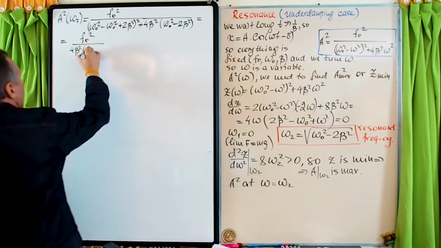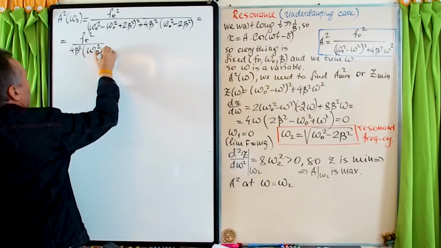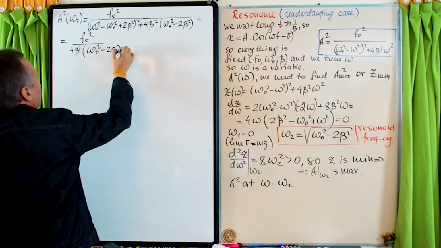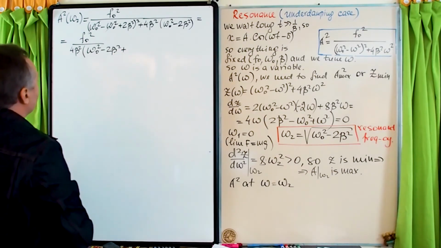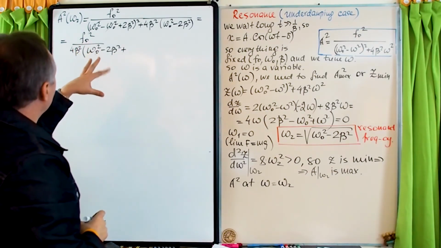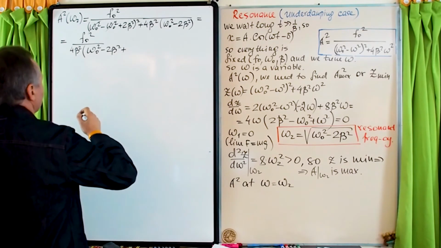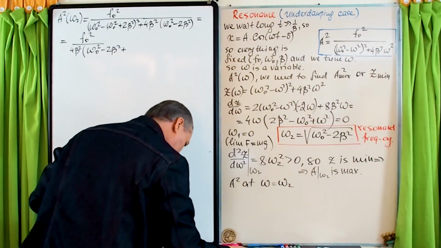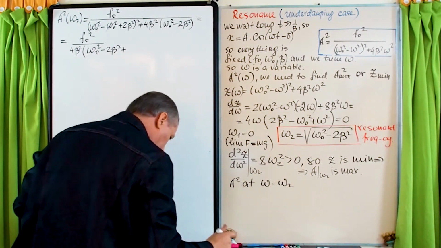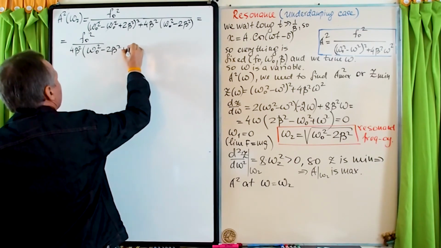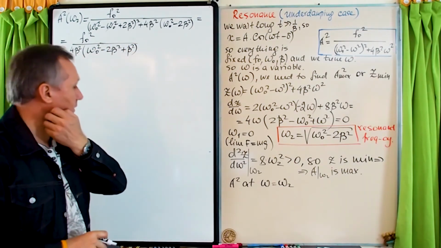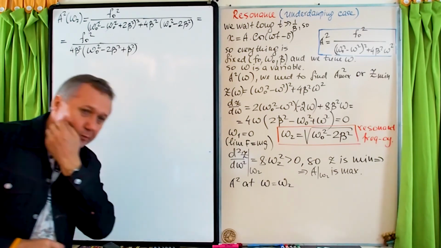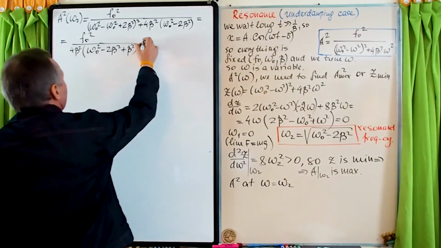This will be omega naught minus 2 beta squared, and here plus, right? So it will be another beta squared, it looks like. Let me check. Yeah, plus beta squared. So as a result, it will be omega naught squared minus beta squared, and that's what I have in my notes. Yeah, so it's good.